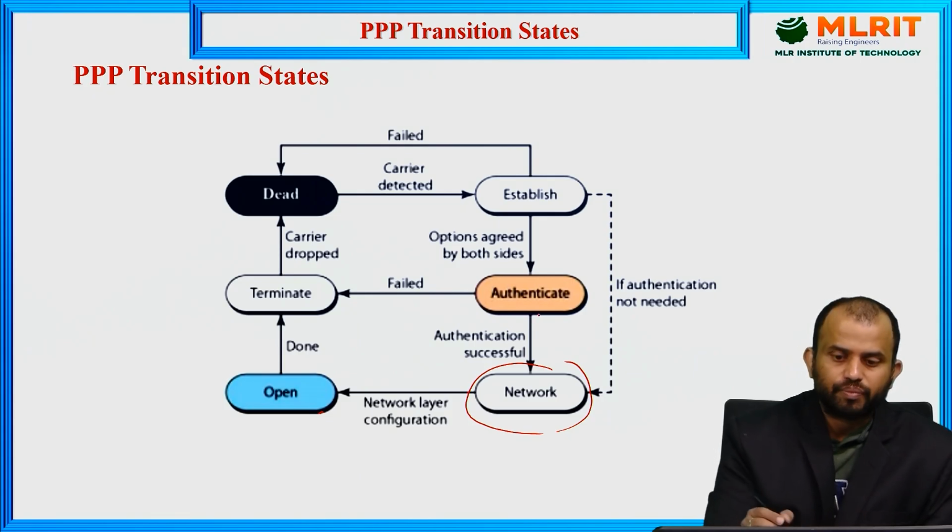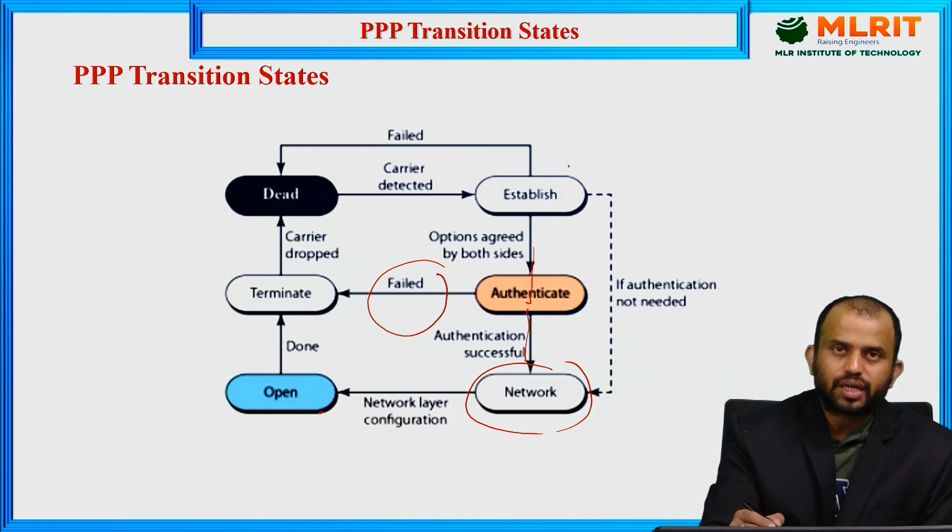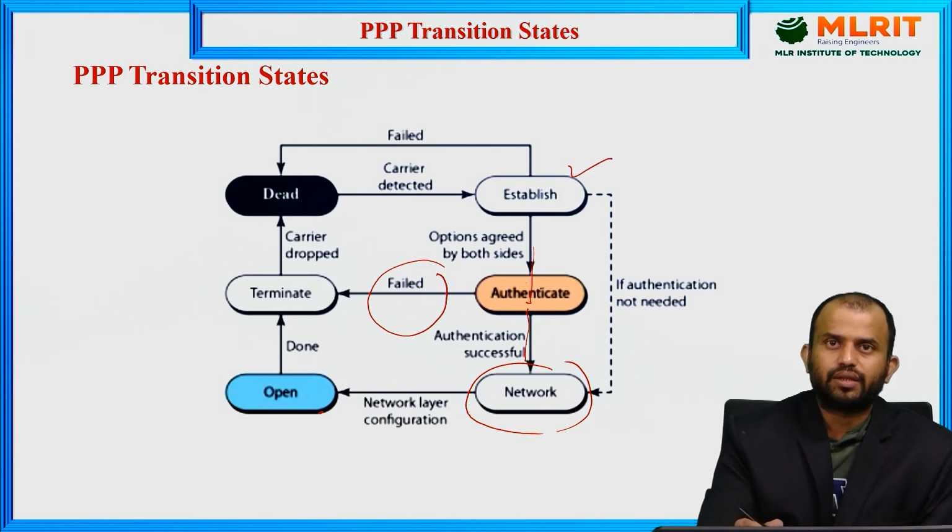Once the proper connection is established between the network connections, if an authorized person is there and authentication is successful, then network configuration is established. If not, it fails. Once the connection is established, we go for authentication.